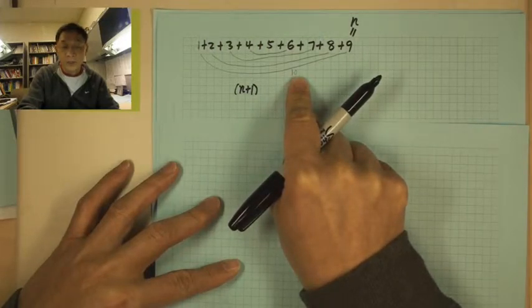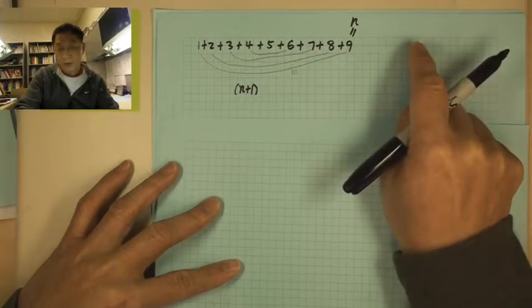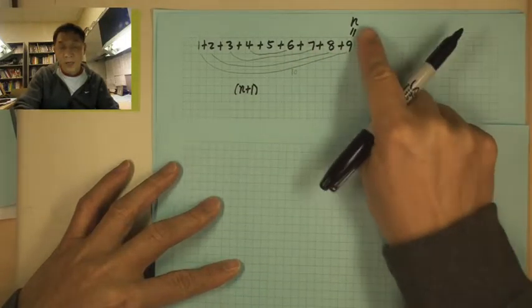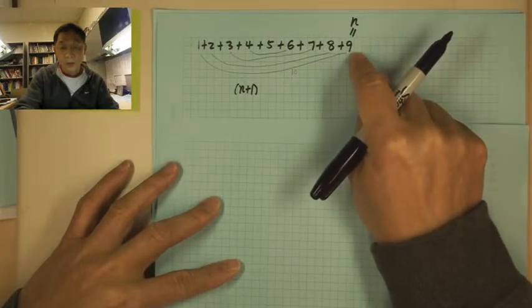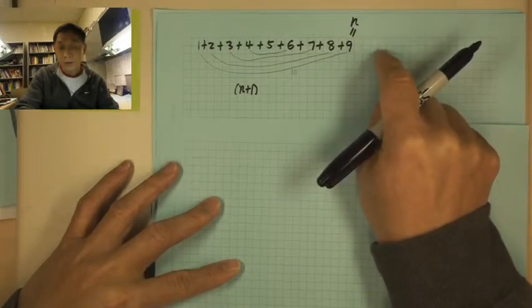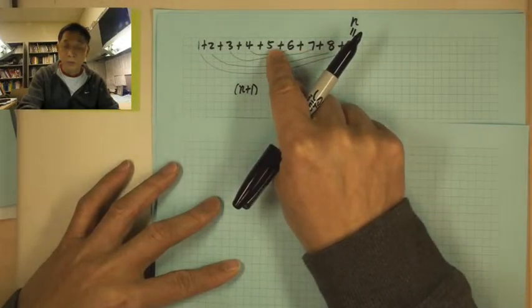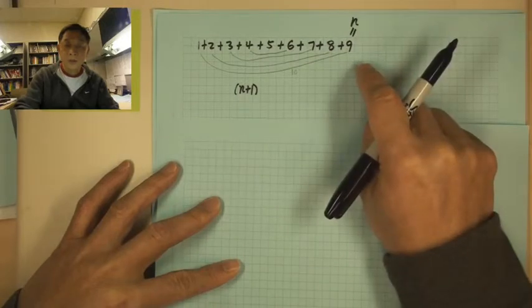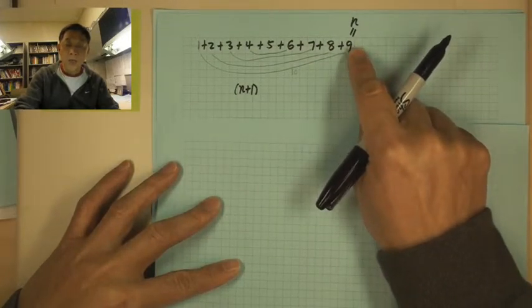So how many pairs in total? 1, 2, 3, 4 pairs. If there are 9 terms, we get 4 pairs, because the middle one, 5, does not have a number to pair with. So if n is an odd number, we get 4 pairs.